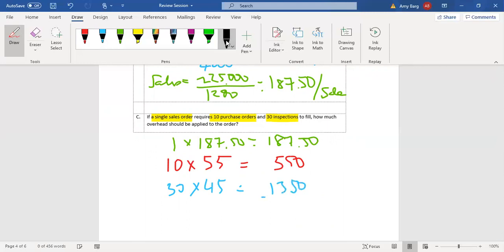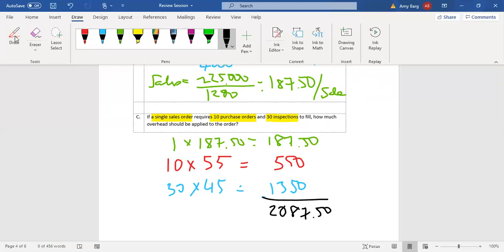So all of that is going to add up to 2087.5. So if a single order required 10 purchase orders and 30 inspections to fill, we would apply $2,087.50 to the order of manufacturing overhead. Not so bad, right?